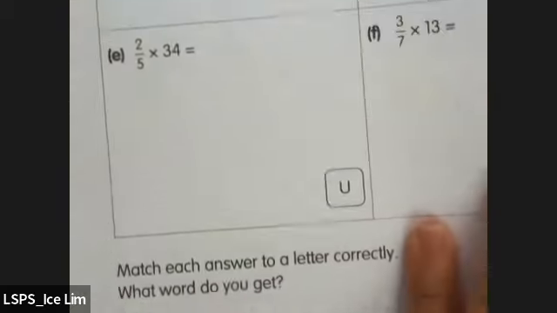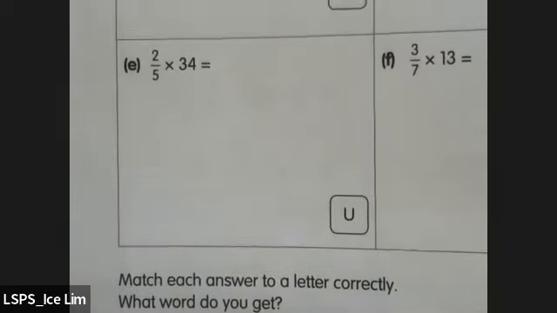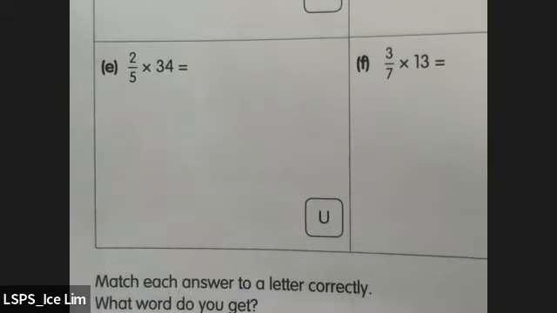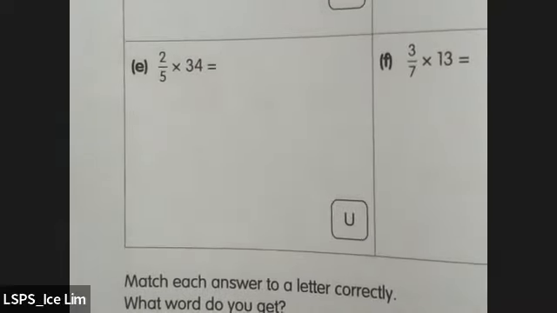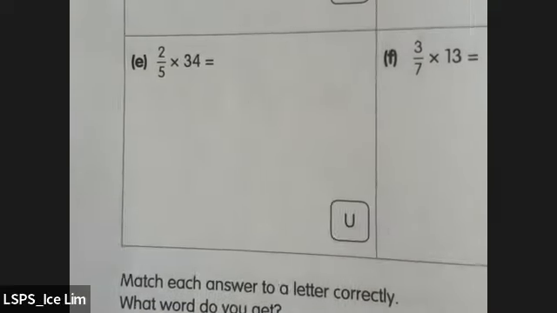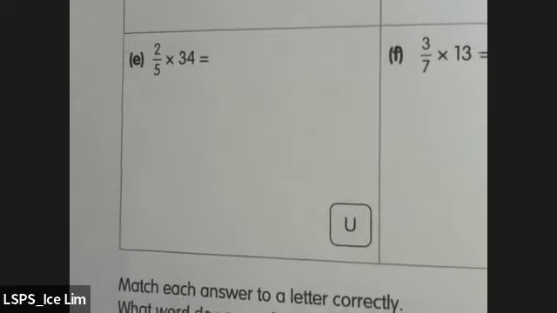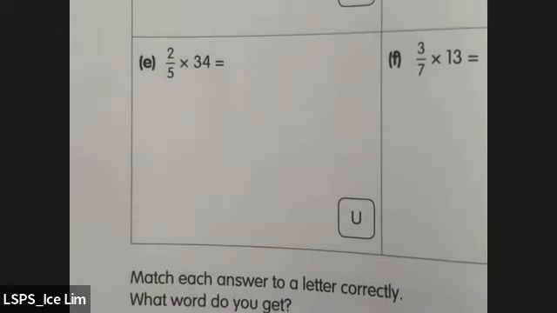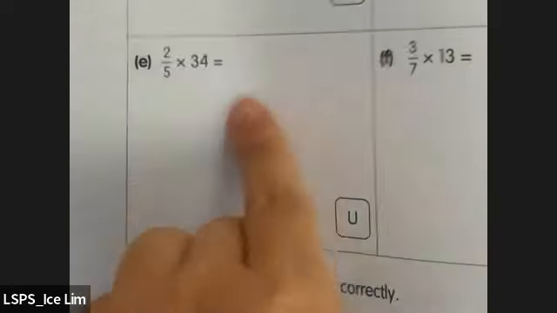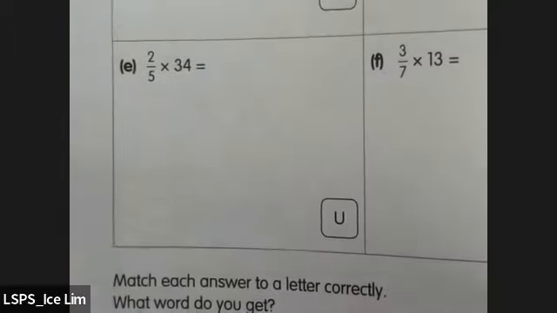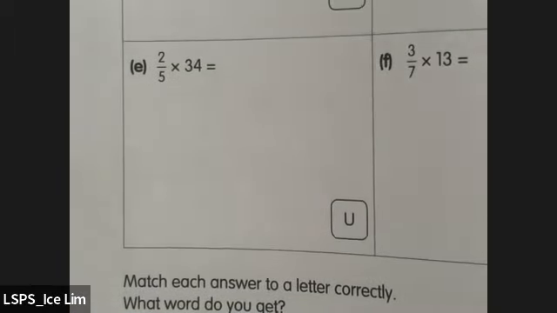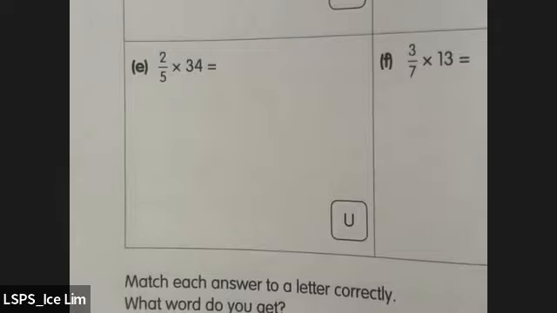Page 74, question E again. Can I use cancel? Cannot. Why cannot? Because 34 cannot be divided by 5. Can you simplify this? Can you divide it on the times table?